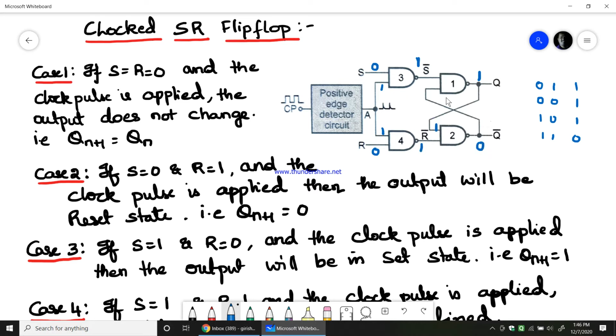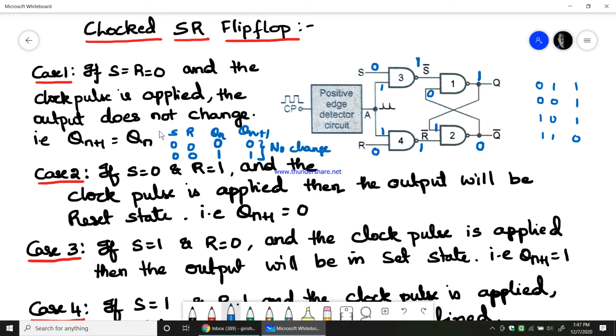Now this 0 is given to this, so 0 NANDed with 1 will give you 1. So in case 1, when S equals R equals 0 0, we saw Qn and Qn plus 1: where Qn was 0, you got 0, and when Qn was 1, you got 1. So it means that this case will say that it is no change.